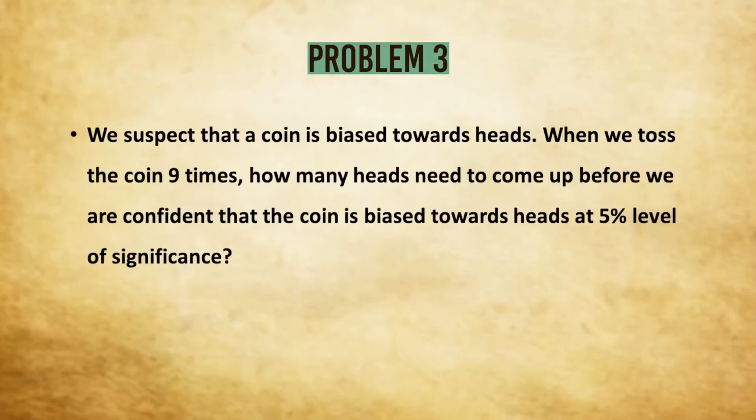We suspect that a coin is biased towards heads. When we toss the coin 9 times, how many heads we need to have before we are confident that the coin is biased towards heads at 5% level of significance? Here it is a different way we are asking the question. Here basically we are asking how many heads we should get out of 9 tosses.